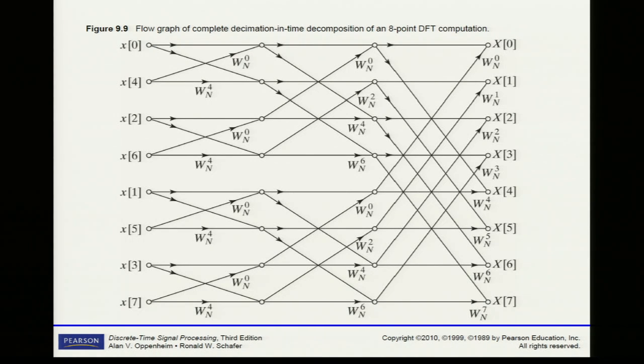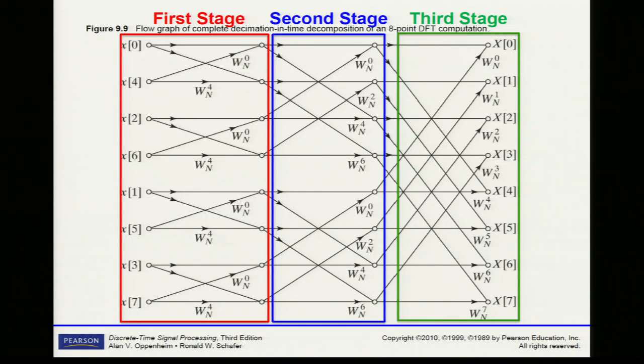So let's look at the 8-point decomposition. This gives you the full decimation in time 8-point. We're going to look at this one a little bit just to take it up a notch, so you can see that the 4-point shows you some things, and the 8-point I think kind of hits the concept home. When we look at this, we can see now that there are 3 stages, which makes sense, right?